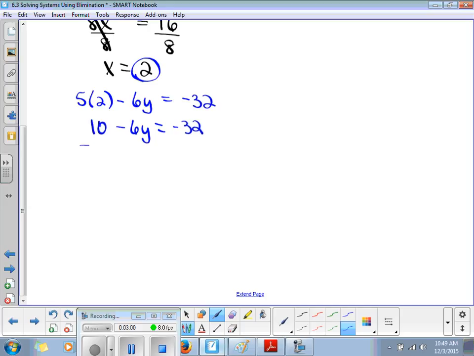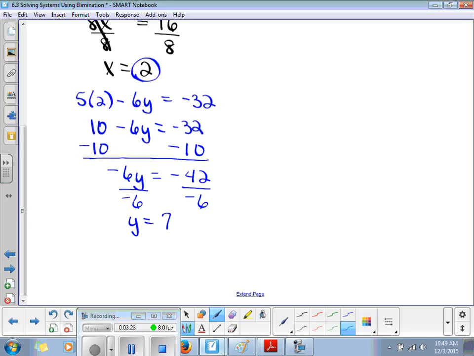Then we will subtract 10 on both sides. So negative 6y is equal to negative 42. Then we'll divide by negative 6, and y is equal to 7.